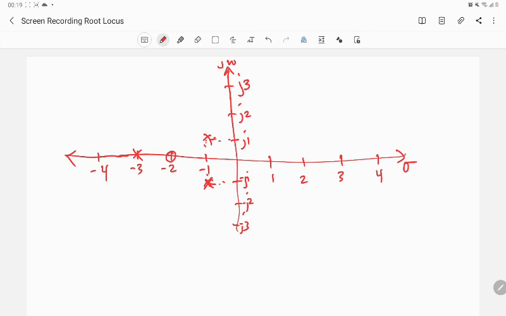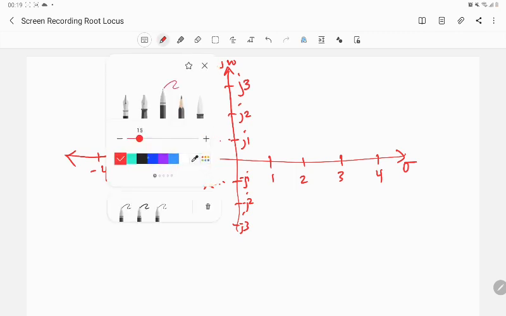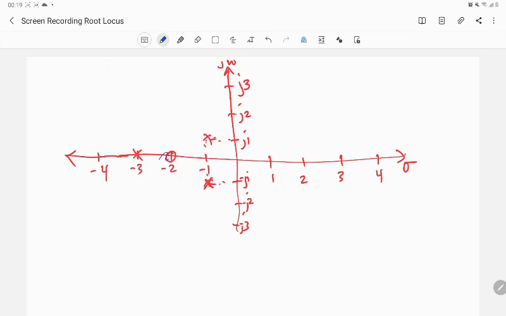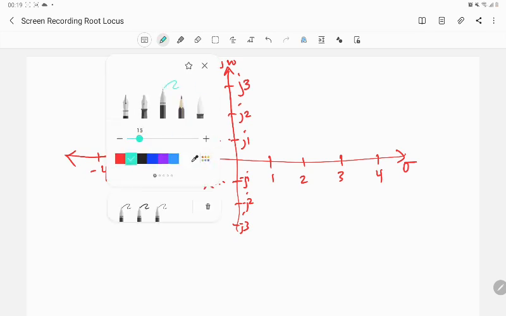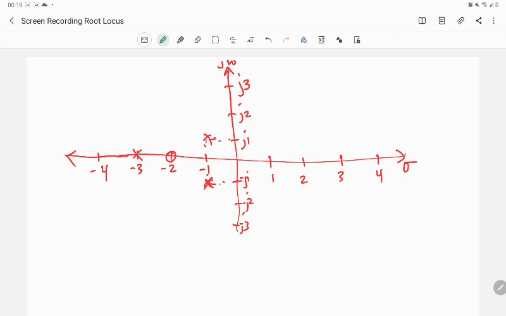So the question then is, what will be the angle of departure from these poles? Well, it's very simple. If you plot the root locus, one branch on the real axis originates from the pole and ends on the open loop zero.